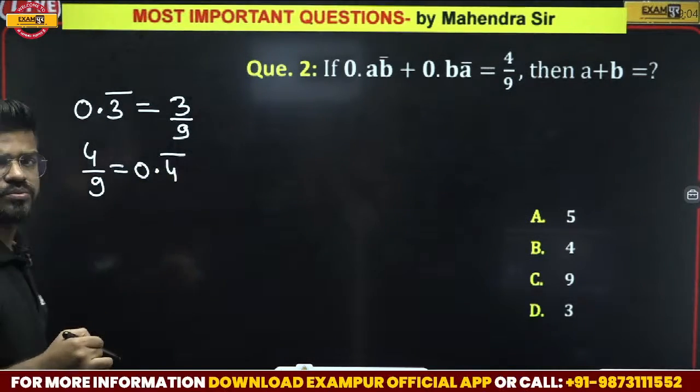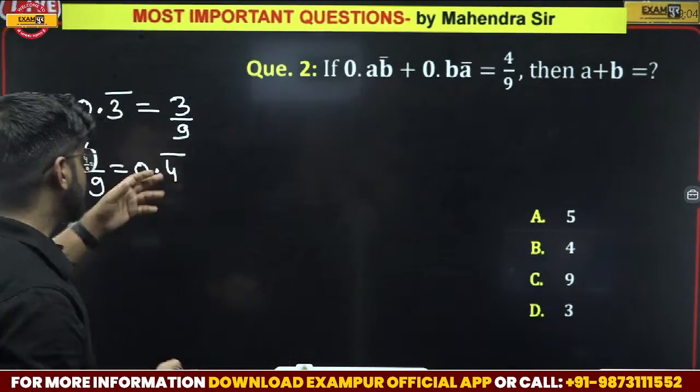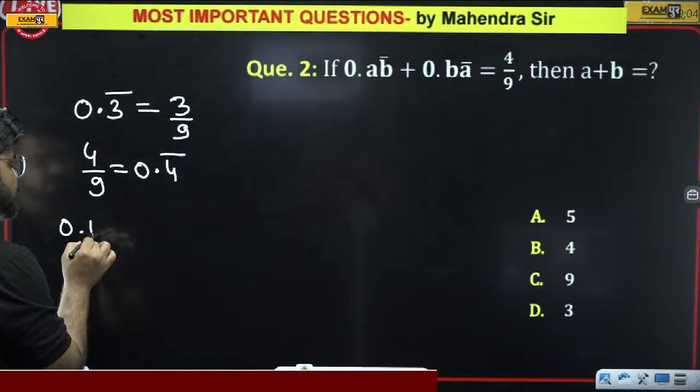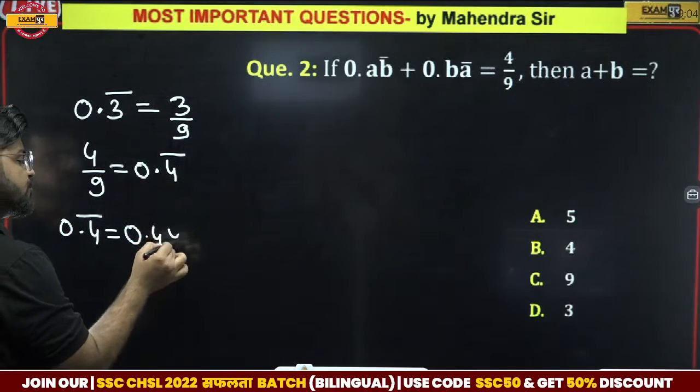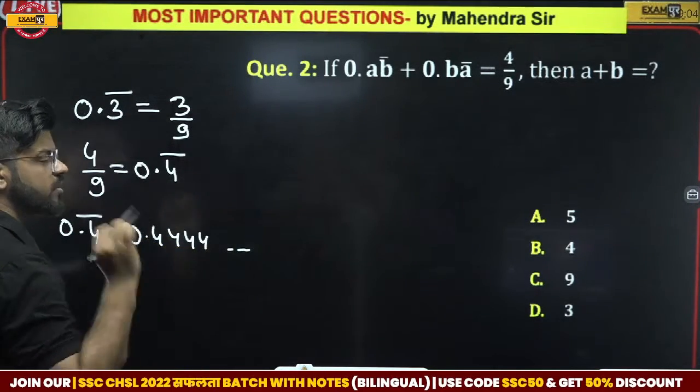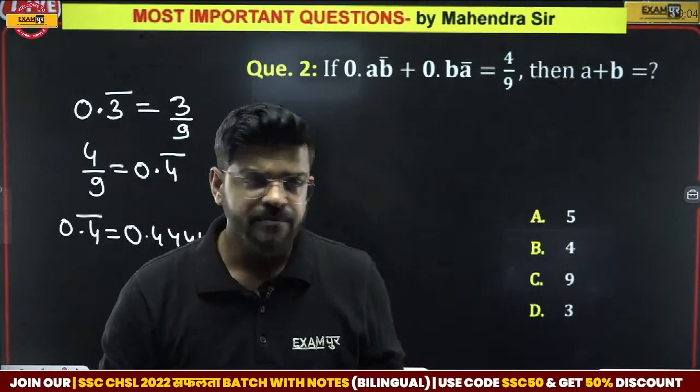And 0.4 bar means 0.4444 and so on, right? You know that already.